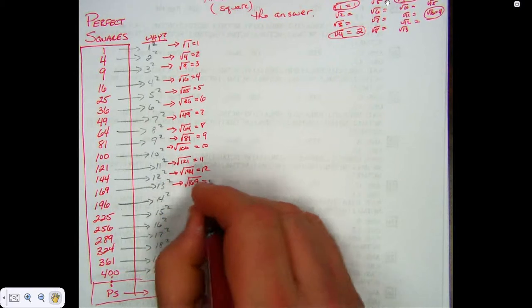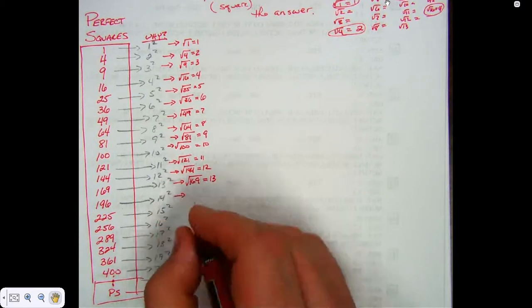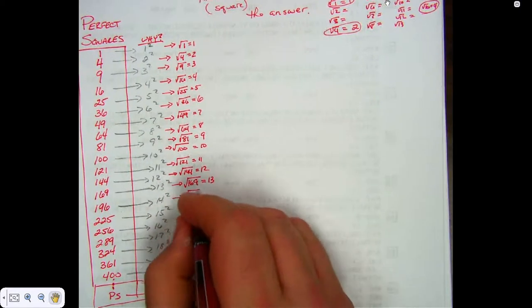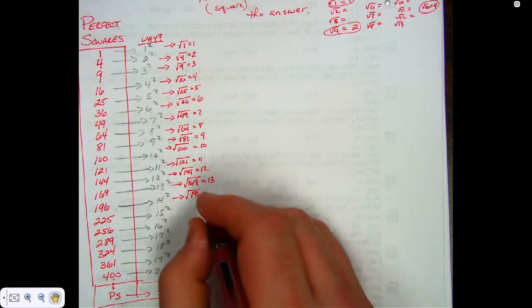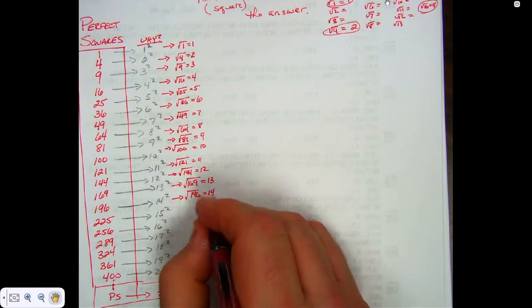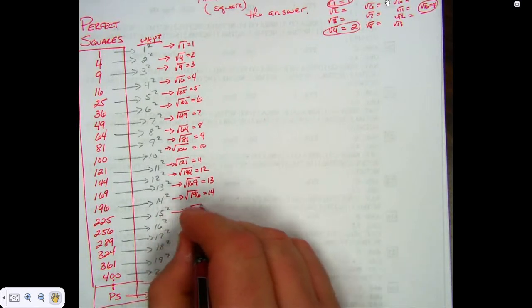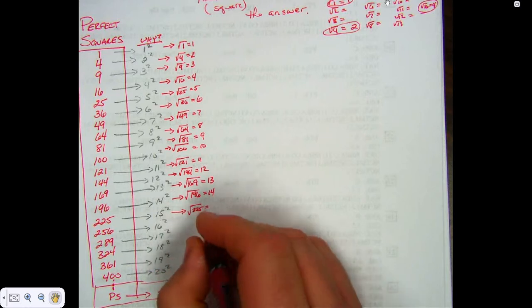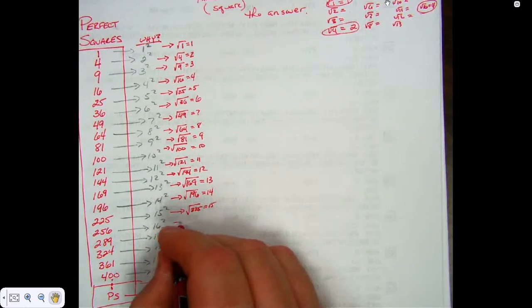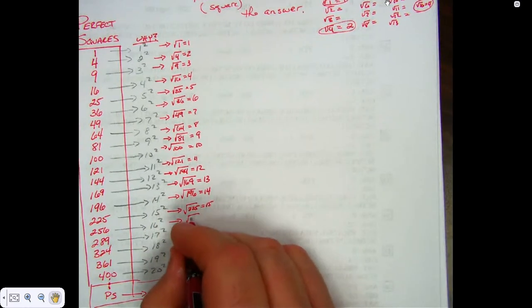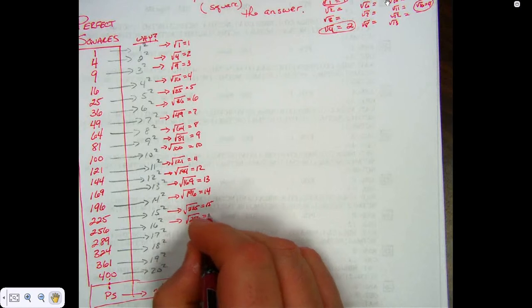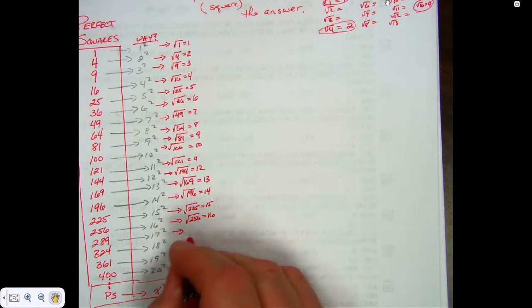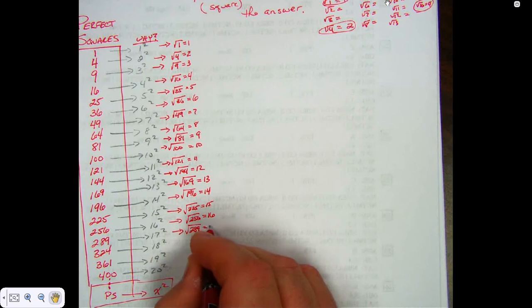So these are going to be useful when we're trying to simplify a square root. A lot to write down, isn't it?